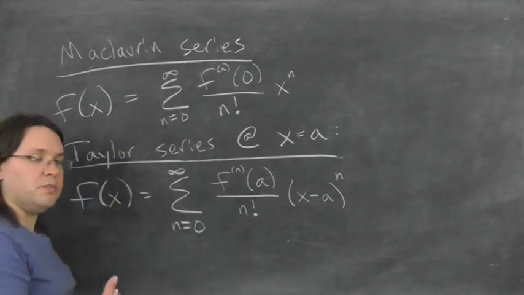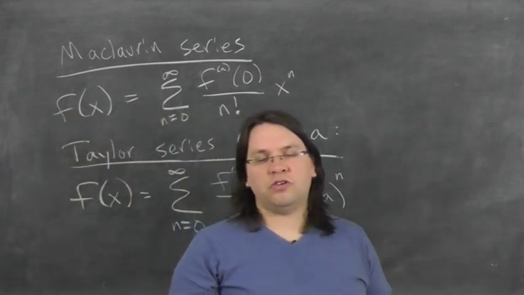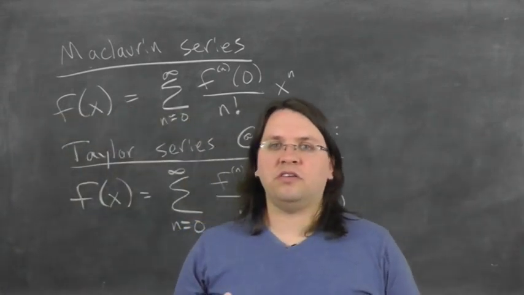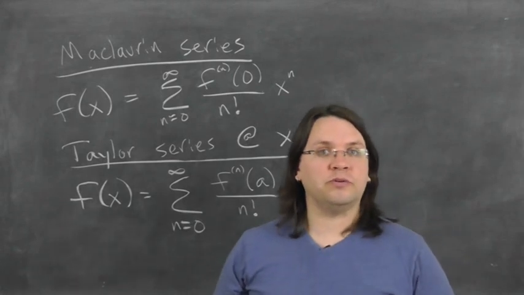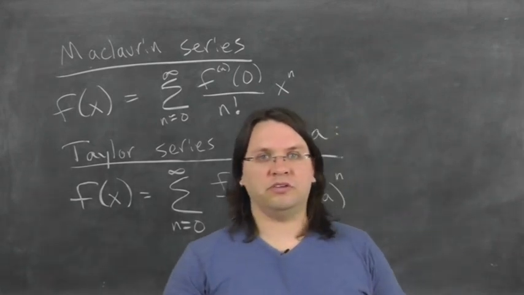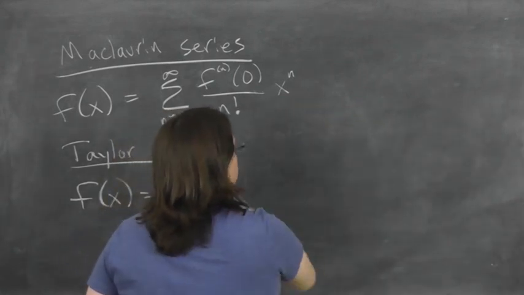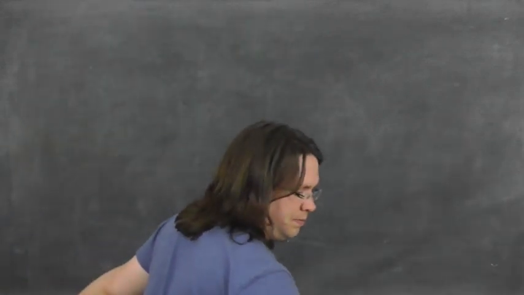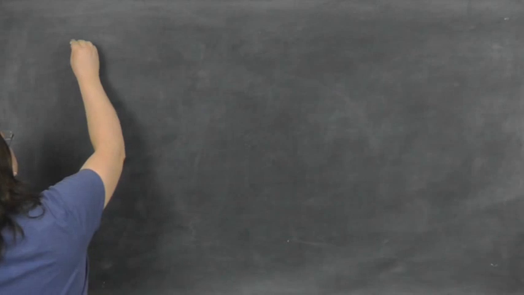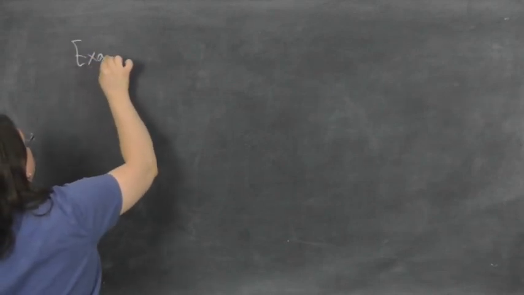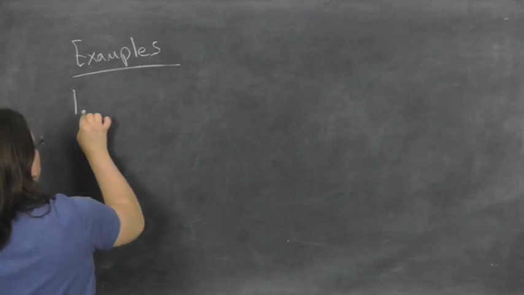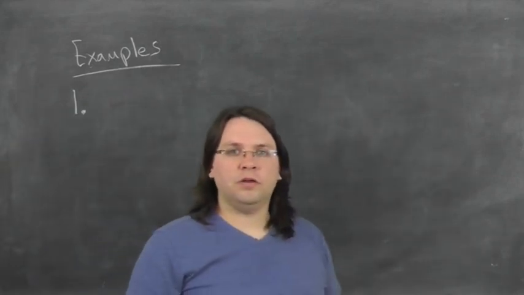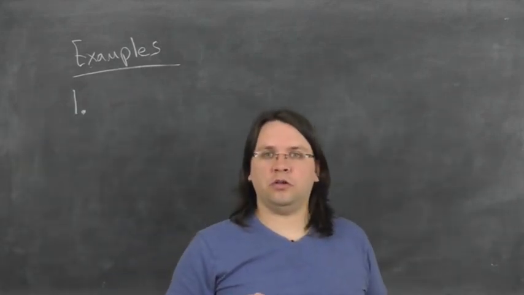Now, we're going to compute some examples of these, and we're just going to stick to the case of Maclaurin series, and it's only because it's easier to do, not because there's some fundamental difference between a Taylor series and a Maclaurin series. So what kinds of functions have Maclaurin series, and what do they look like?